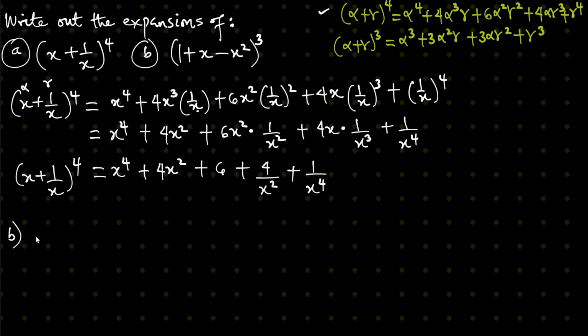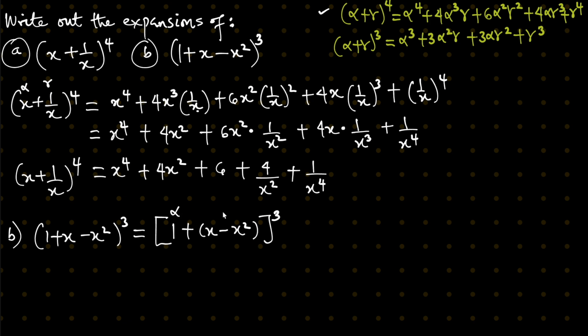For the second one, we have 1 plus x minus x squared whole to the power of 3. So we have to rewrite this as 1 plus x minus x squared whole to the power of 3, so that it follows the standard we've been using. So we're going to call this alpha again, we're going to call this gamma.